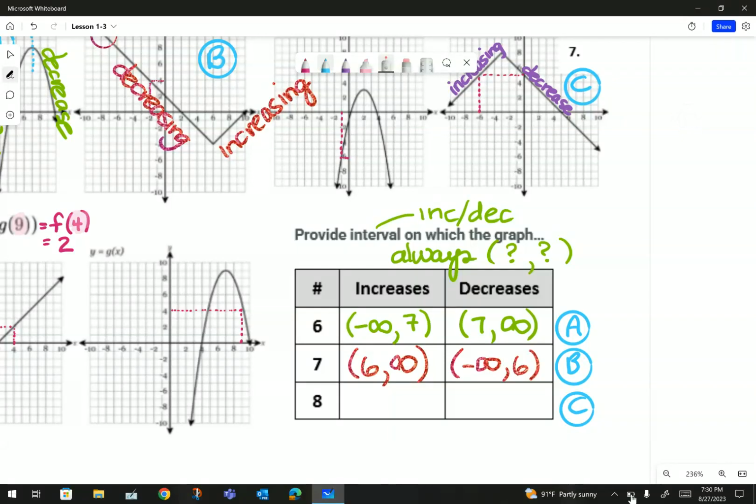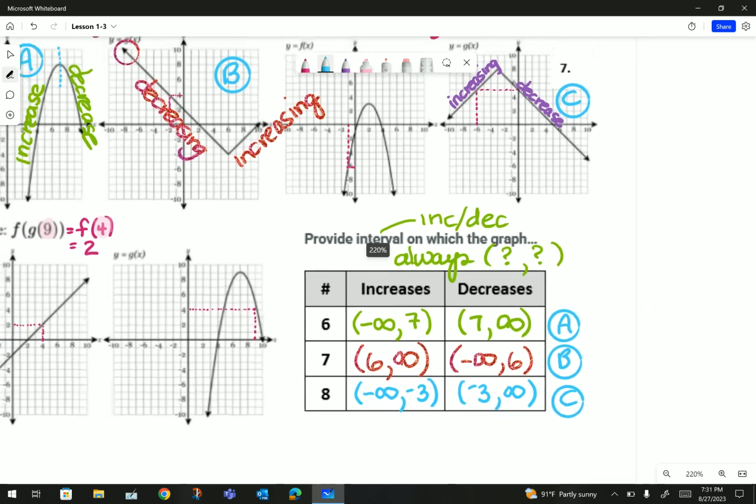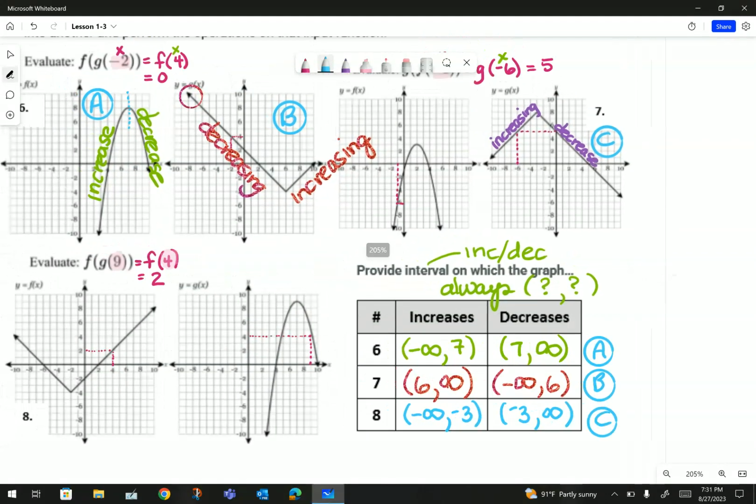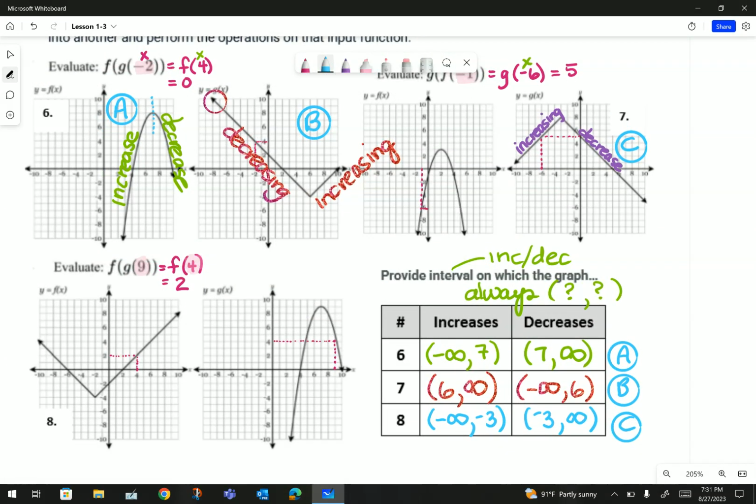So here's my increasing column, the first one. From the left, comma, to -3. Is that what I said? Yeah, -3. And then on the other side of that -3, from -3 to infinity, it decreased. And that's it. That's how you determine intervals of increase and decrease.